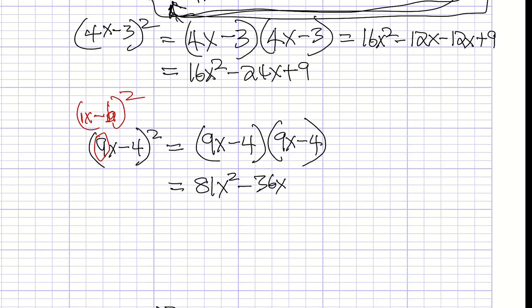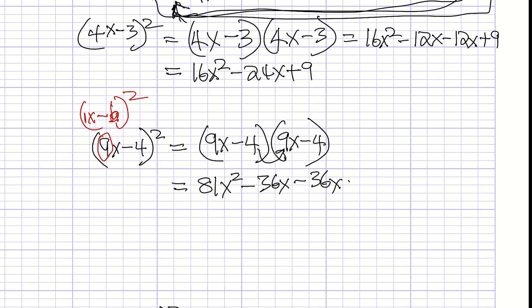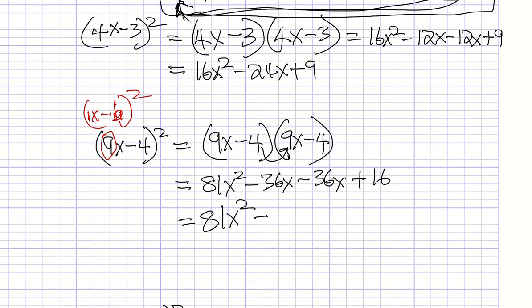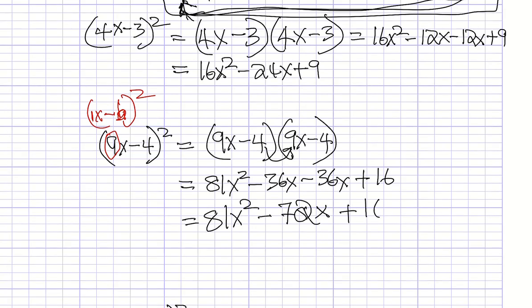The same thing here, you get negative 36x. Then negative 4 times negative 4, you get 16. So you simplify that, you get 81x squared minus 72x plus 16. You see it?